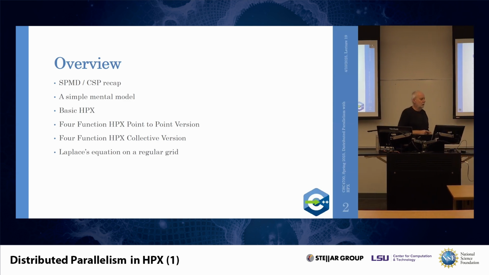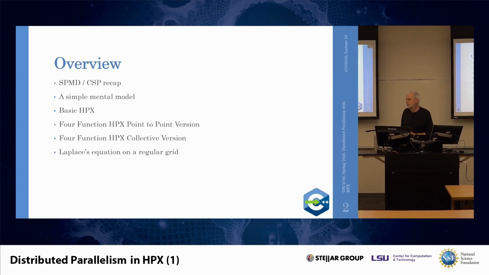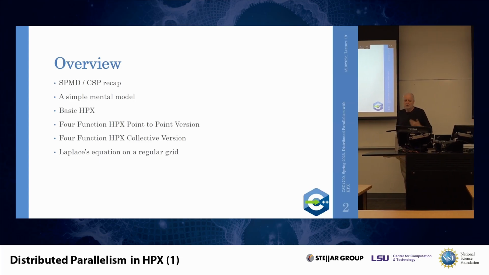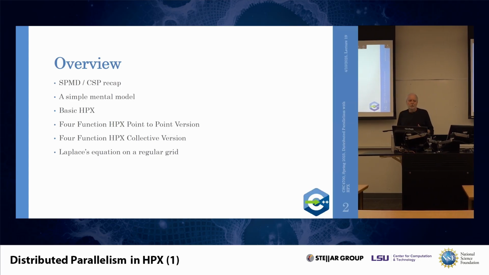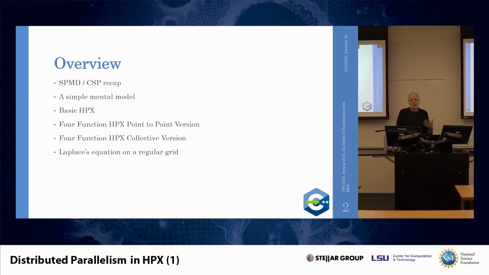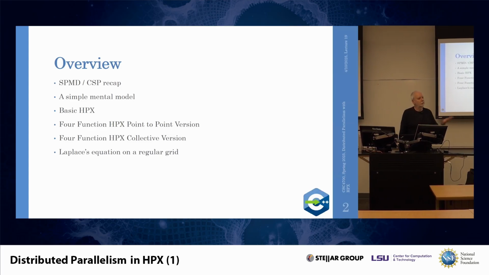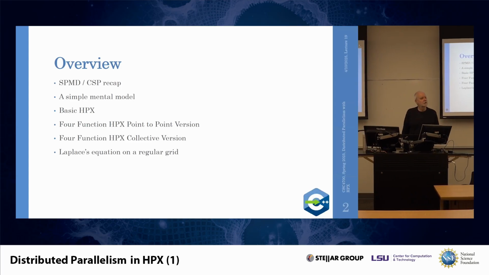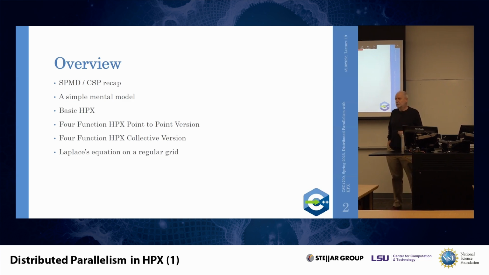Amdahl has derived a very simple mathematical model that tells us that the speed up I can achieve by adding more cores to an application depends on the amount of parallel code I have in my application relative to the whole thing. So just to remind you, if I have parallelized 80% of my application, I can achieve maximum a factor of 5 in speed up.